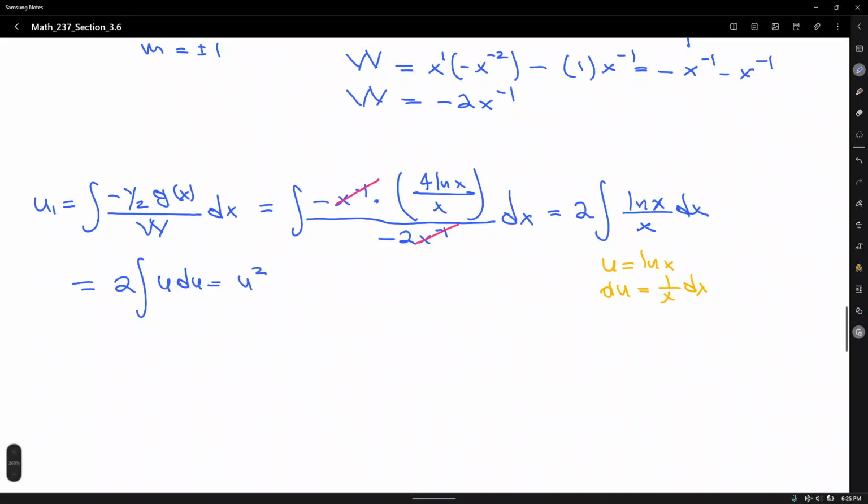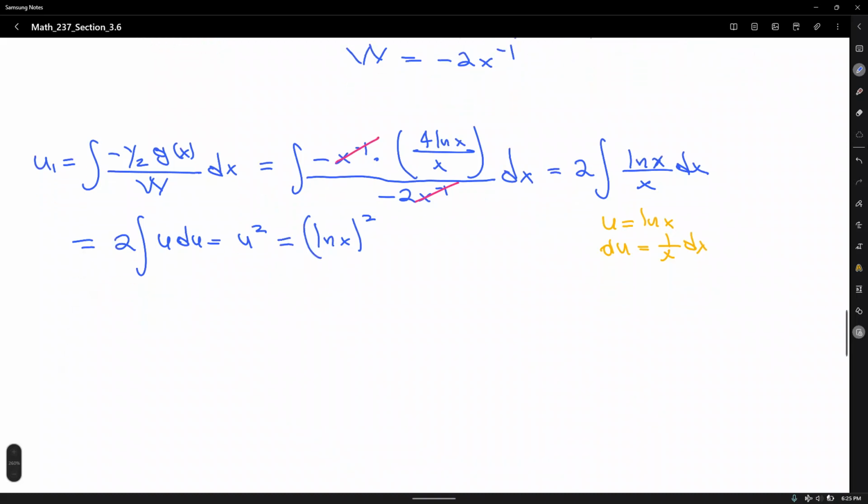And of course, I'm not going to write the plus c, because we're only in the middle of an intermediate step. All right, so that's simply back substituting. That's ln of x quantity squared. Okay, so that's our u1.